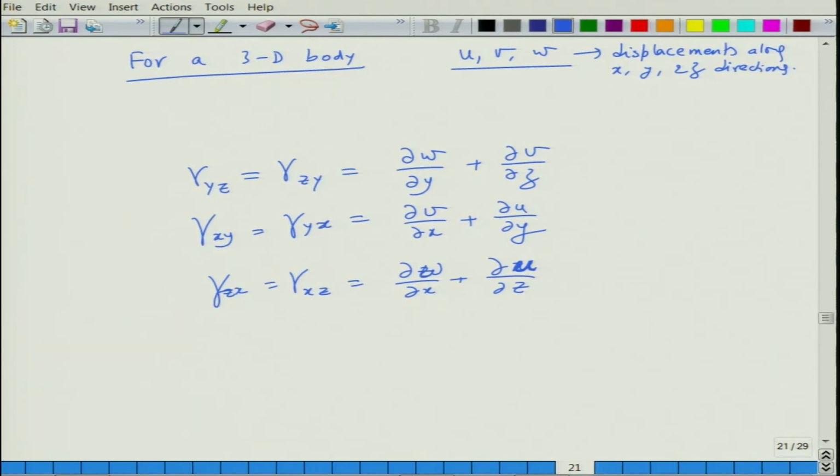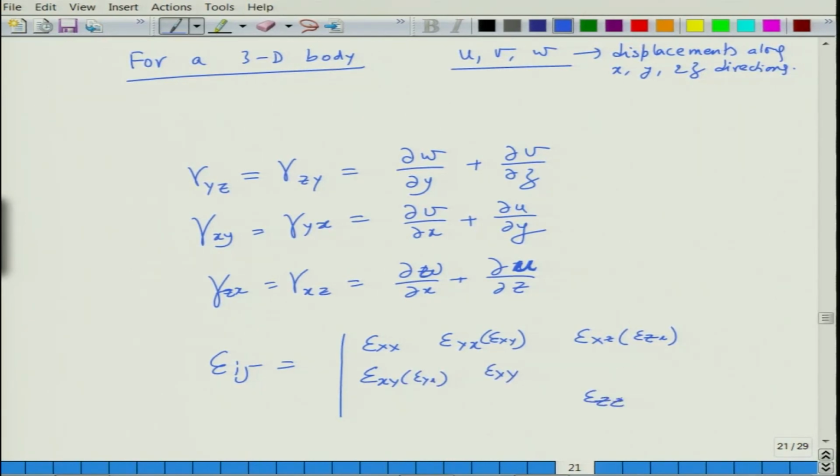So, then you can write a shear strain tensor in the same way, epsilon xx, epsilon yx or xy, epsilon xz or epsilon zx, and then you can write epsilon xy, epsilon yx, epsilon yy.